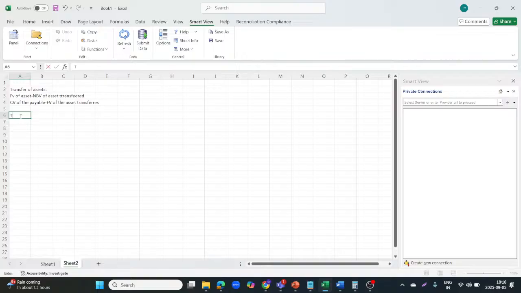So in that case, in this case, closing value of the payable or the current value of the payable minus fair value of equity transferred. This is the value. Then we will see modification of terms.